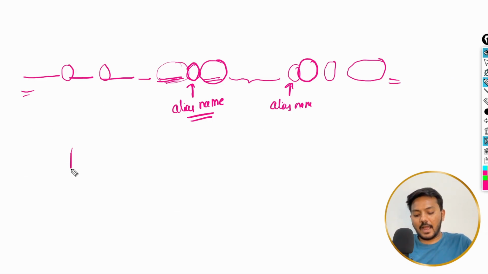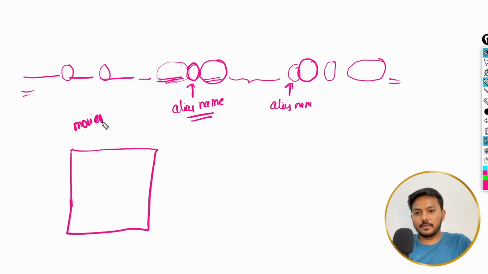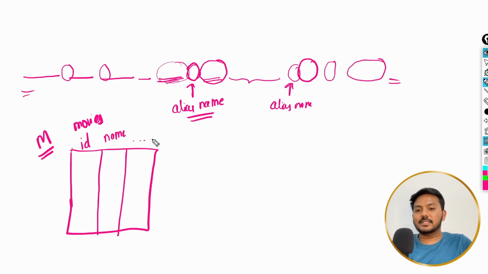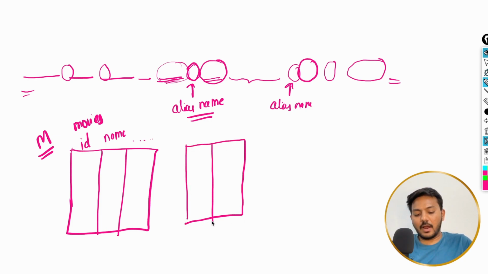So let's say I have a movies table, and I'm giving an alias name M. Let's assume it has a column called ID, and then a column called name, and the other columns, let's say rank score and year as well. And we have another table in which we have two columns, let's assume, movie ID and then genre, and I'm calling this G. I'm giving alias names, right?